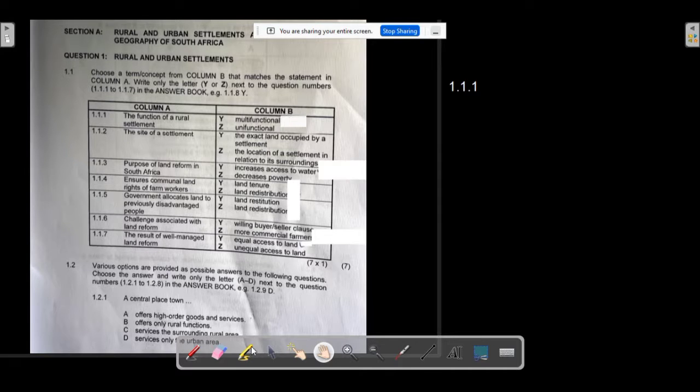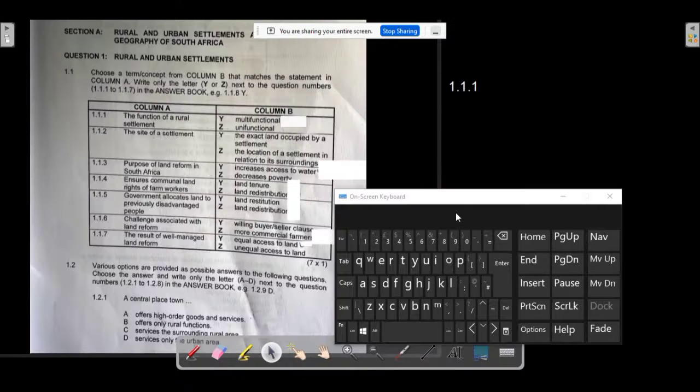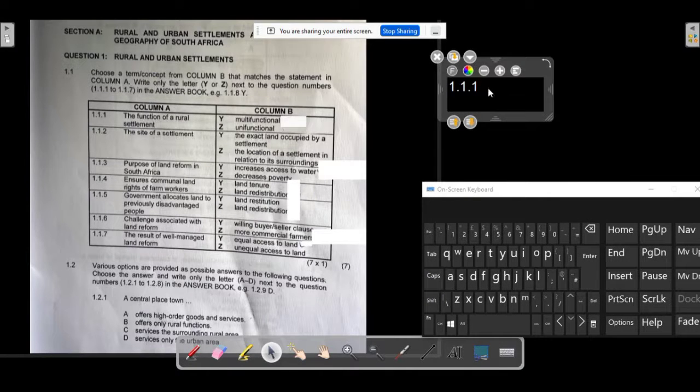Here we have 1.1.1, which says the function of a rural settlement.